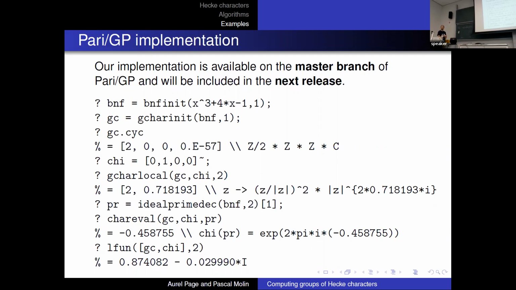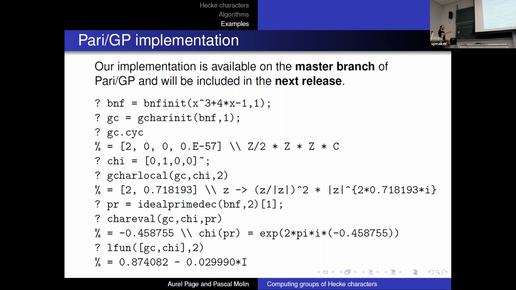And you can, for instance, ask for the local components of this. Here, the local components say 2 and this approximate value, meaning that the local character at the complex embedding of this field, this is a field with one real embedding and one pair of complex embeddings, is the map Z goes to Z over absolute value of Z, squared, times absolute value of Z to this power.